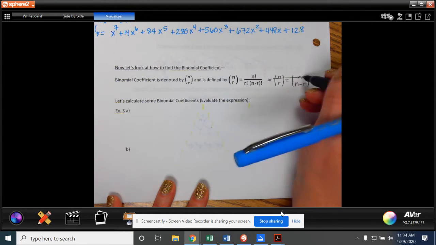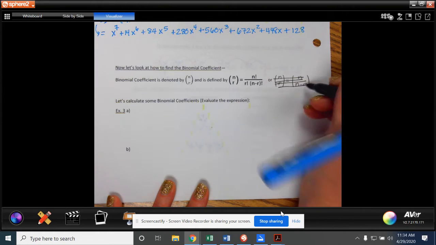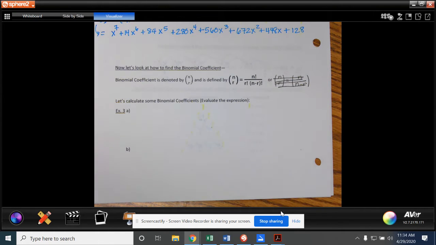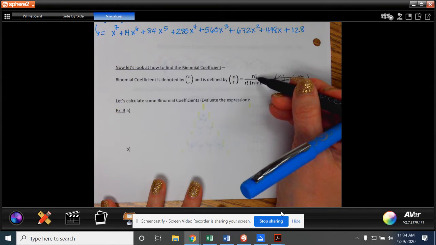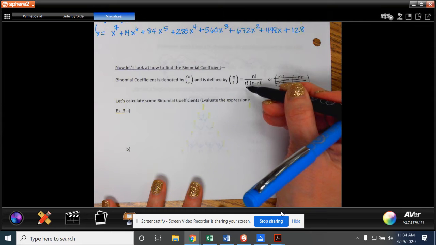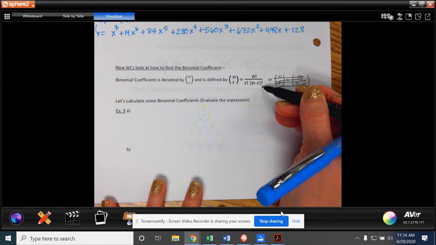Now, this item goes with a different one, and we are not doing that in this course. So let's just focus on this one right here. Whatever the n is, it will be n factorial on top, r factorial, and then the subtraction of those two on the bottom as well.